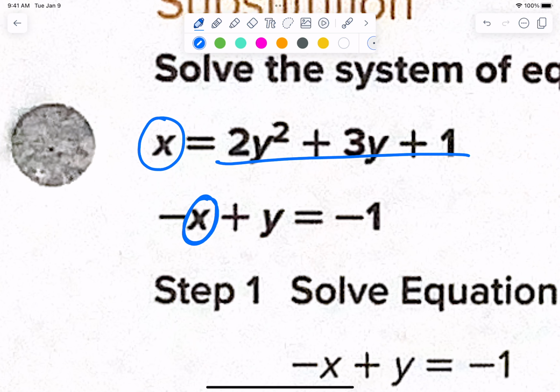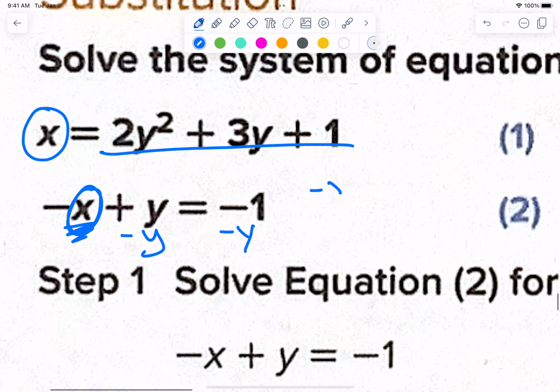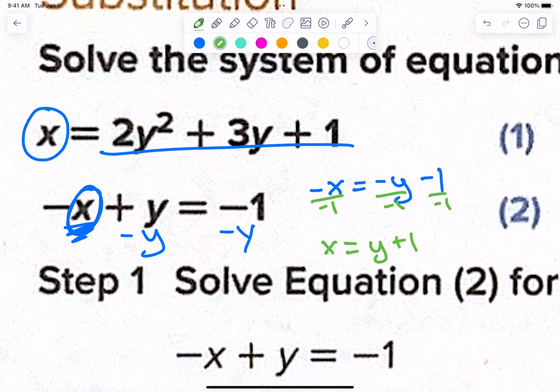If we get x by itself, let's bump the y to the other side. So I have negative x equals negative y minus 1. Then let's divide by negative 1, or multiply by negative 1. So x equals y plus 1. So I have x equals this and x equals this.